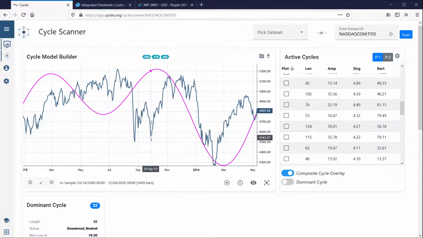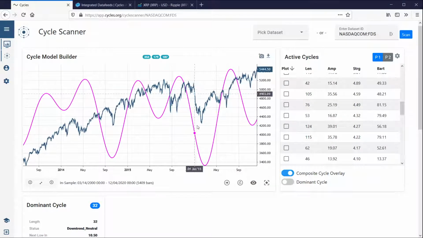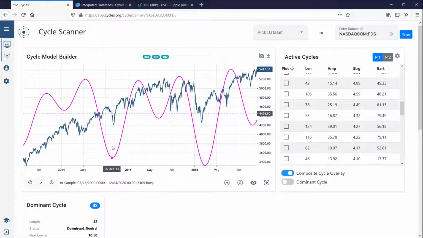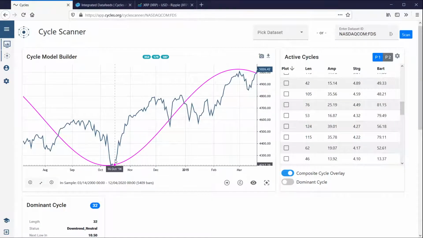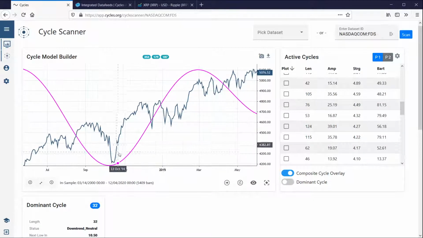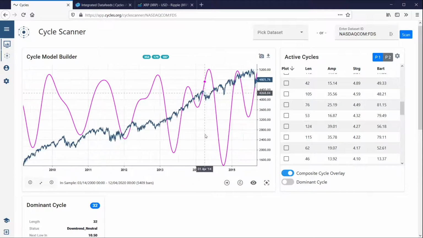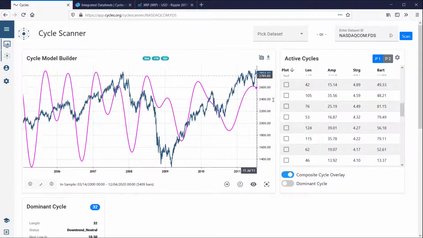For sure, on a short-term basis this is not looking like a top here, but if you see the whole data, even from here to here, that's kind of a downswing. And if you see the larger picture, this aligns into the low, then back to a high. And here we have a low point, and here this aligns to a low. So this is what I mean with timing. This does not show you the absolute price movement, but from a timing perspective, you need to check these points here.